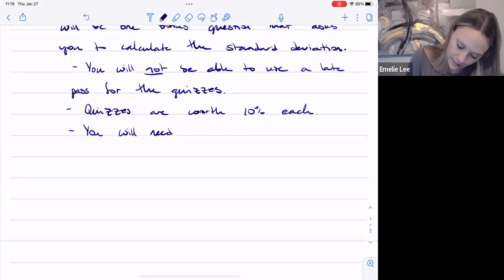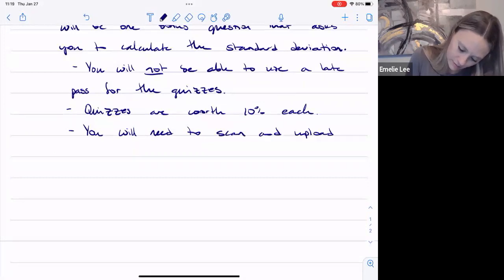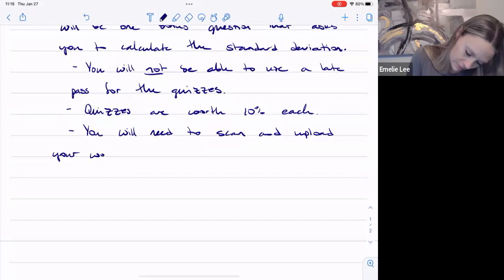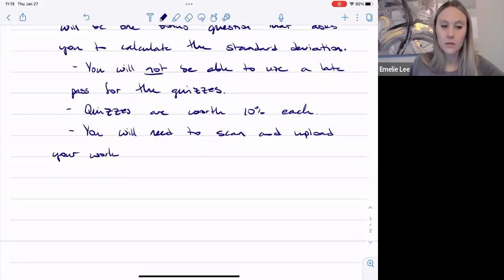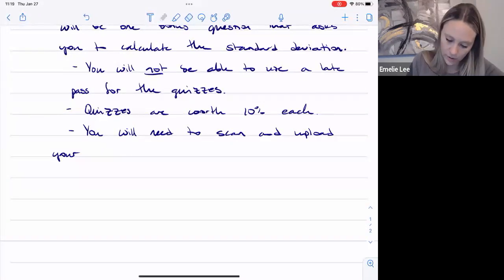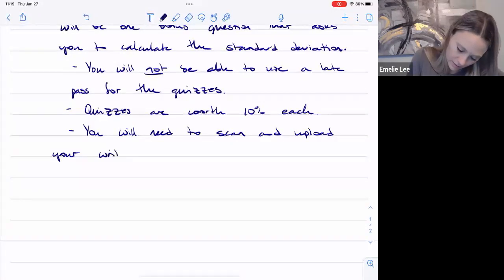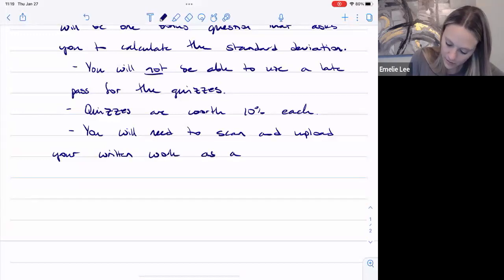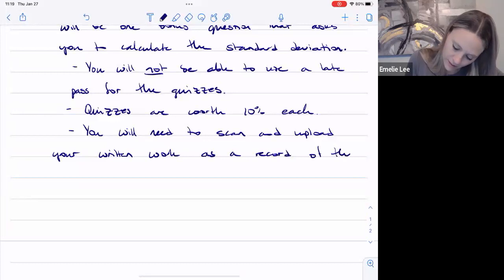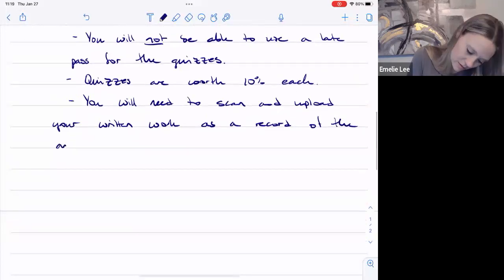You will need to scan and upload your written work as a record of the answers you submitted.